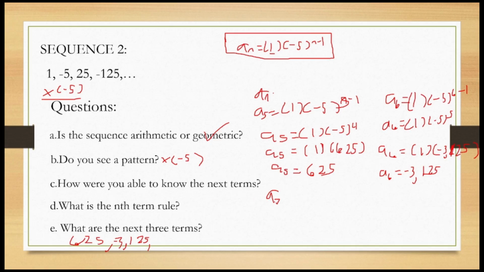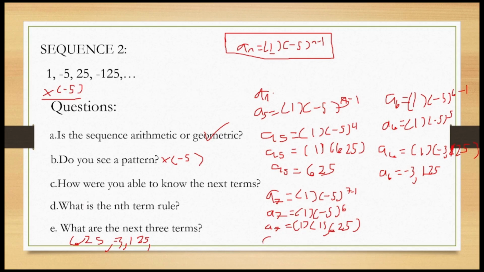Now let's solve for the seventh term. a7 equals 1 times negative 5 raised to the power of 7 minus 1. So simplify: a7 equals 1 times negative 5 raised to the power of 6. a7 equals 1 times 15,625.